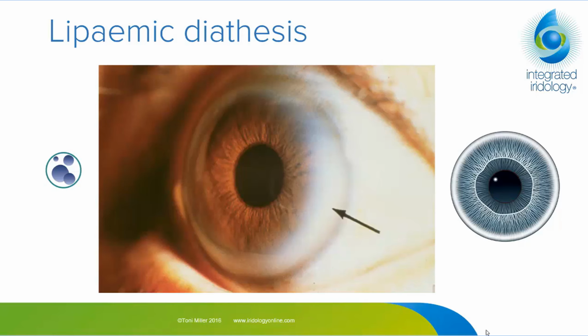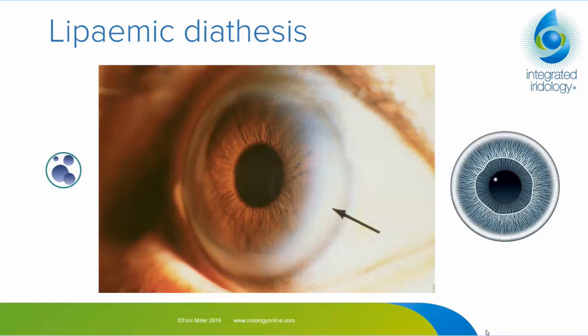So the majority of people are going to develop this when they're around about 50. And in such cases, if you check their lipid profile, you're likely to find elevated blood lipids. But as they get older, say if they were 60 or 65 when they develop this lipaemic diathesis, it's possible that their lipid profile will be in the normal range, but they'll have skeletal issues.